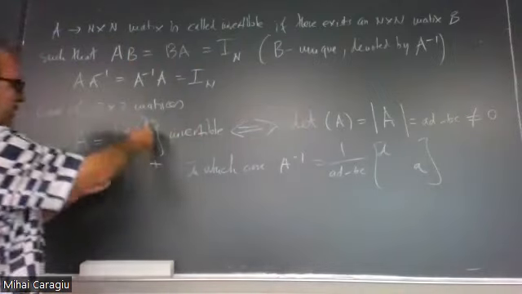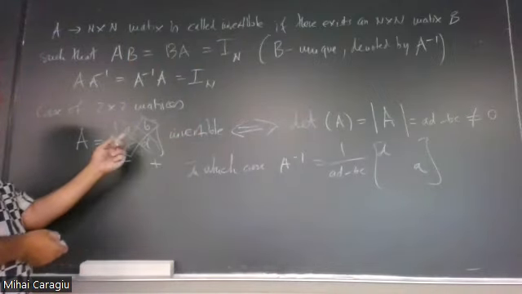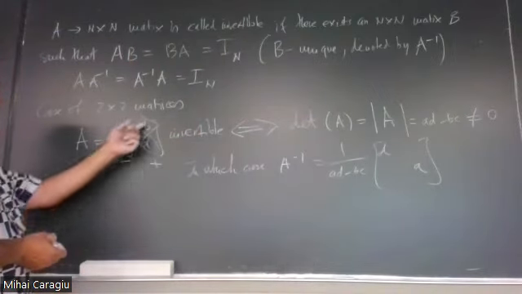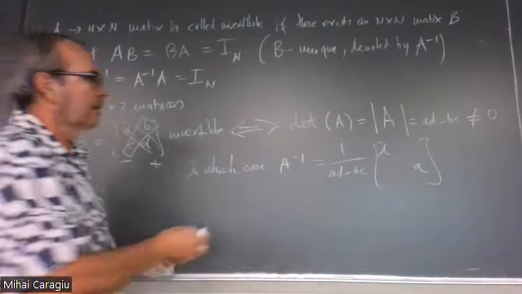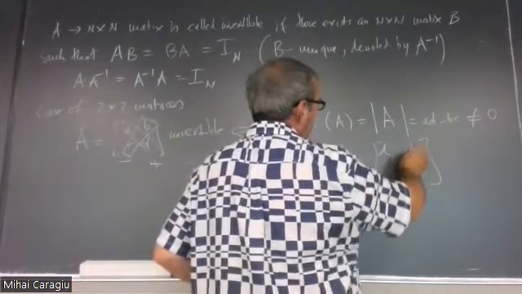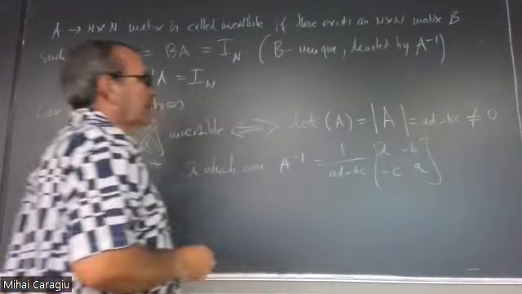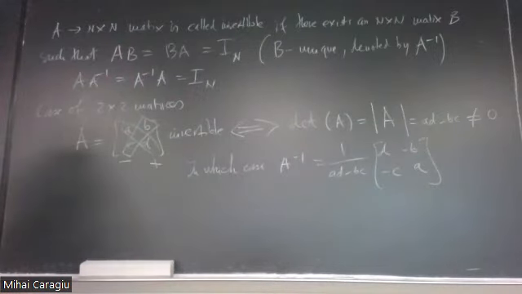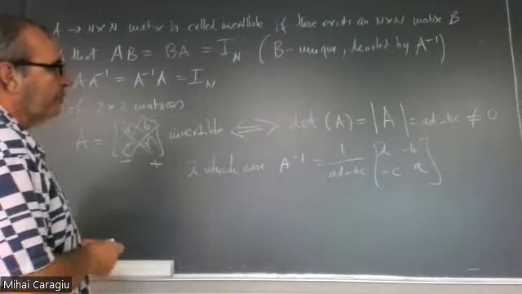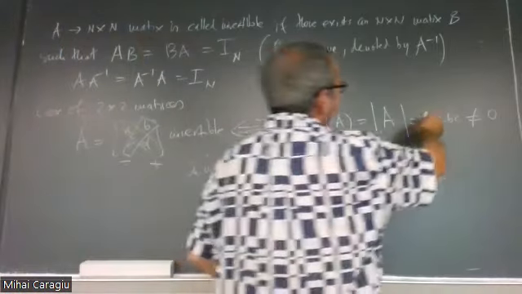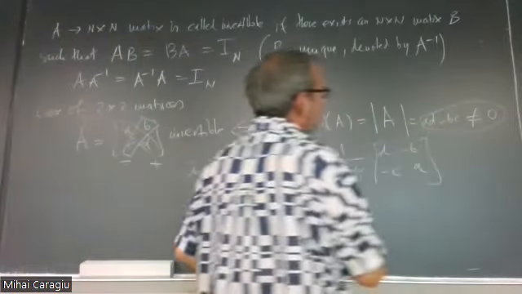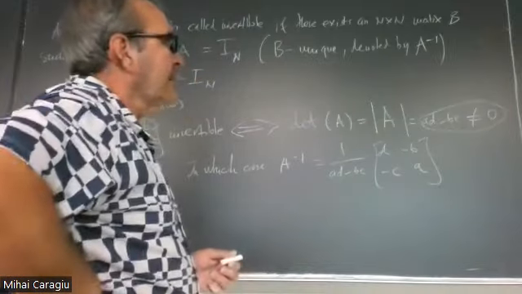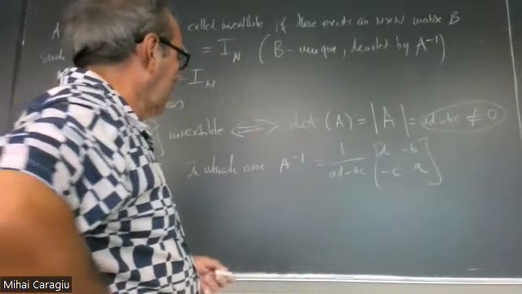The secondary diagonal elements B and C don't get flipped, but they acquire a minus sign: instead of BC, we get minus B, minus C. So there's the formula for the inverse of a 2 by 2 matrix, provided AD minus BC is not 0. Otherwise, if AD minus BC is 0, the matrix is not invertible.